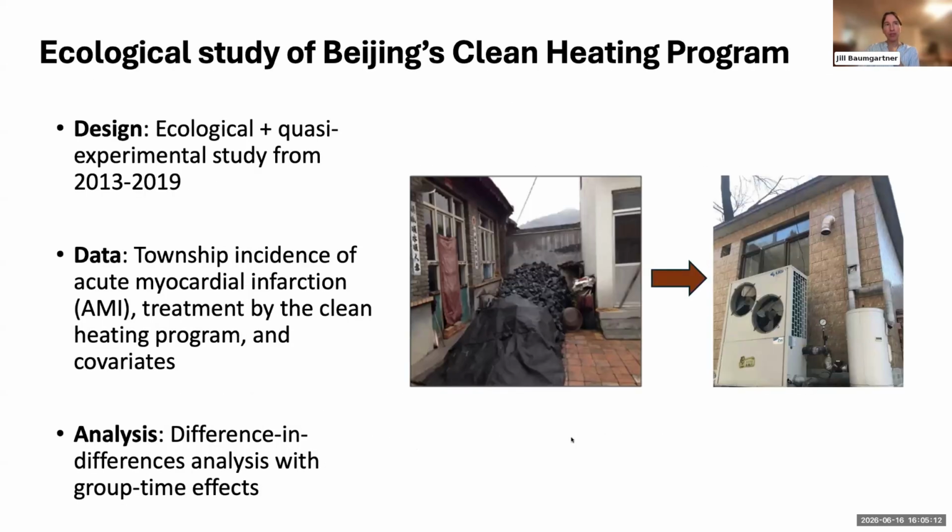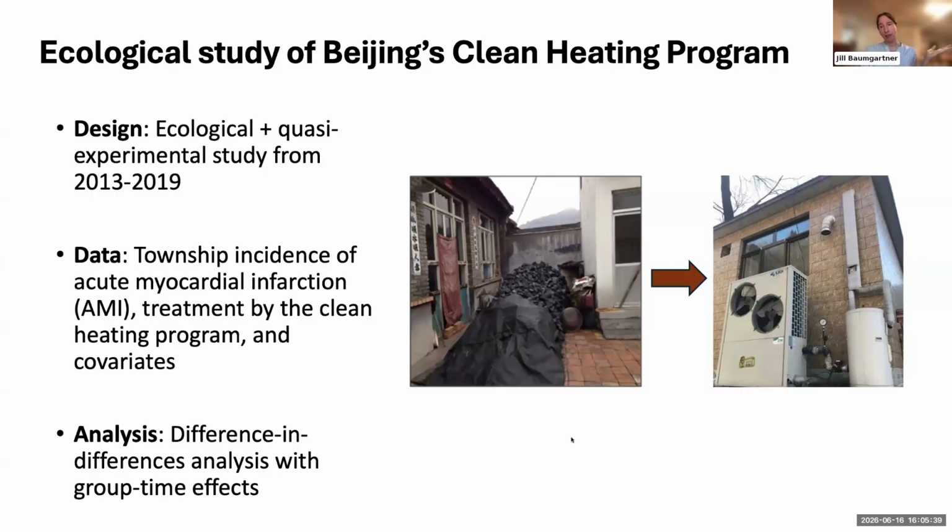This is one example of a study that we did in Beijing. So this is both ecological, right? So it's measured at a population level, not at the individual level, and it's quasi-experimental, where Beijing introduced a clean heating policy to shift townships or to shift villages from coal to a cleaner source of energy.